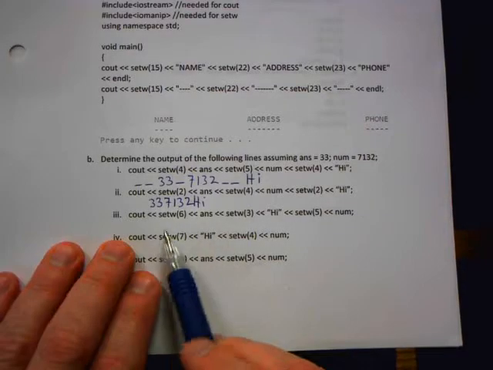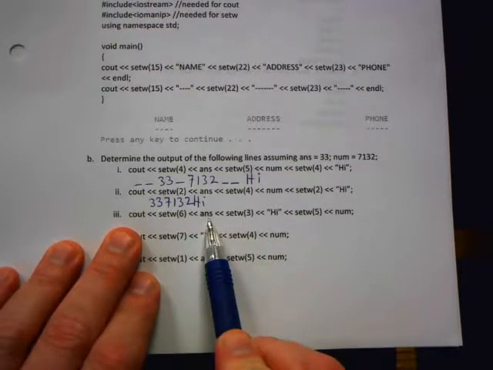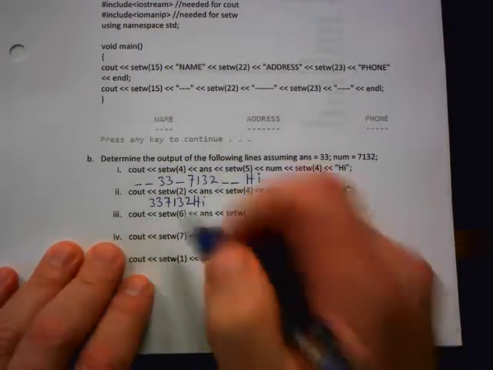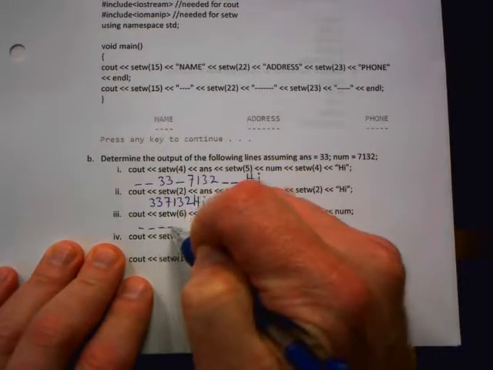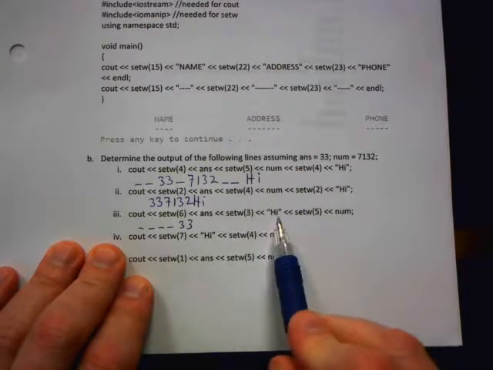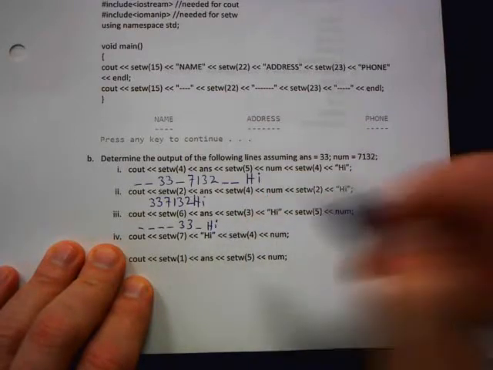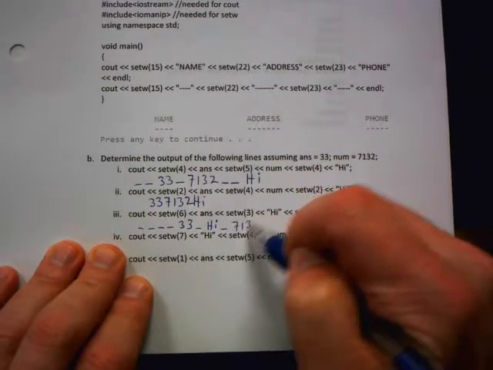All right. What about this one? 4 spaces and then 33. One space, then high. 1 space, 7132.